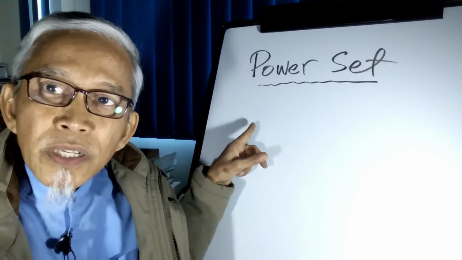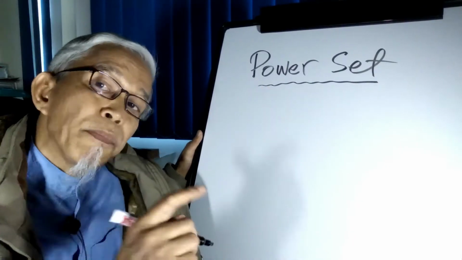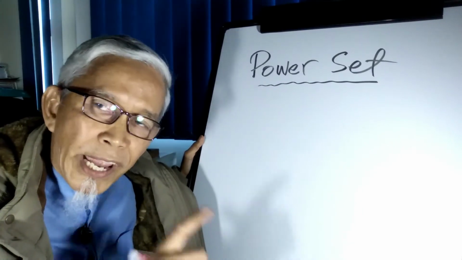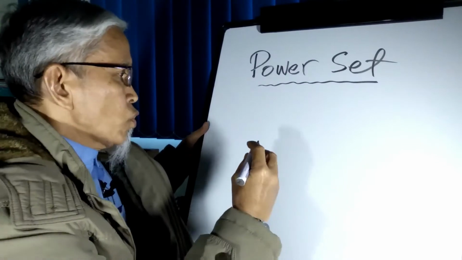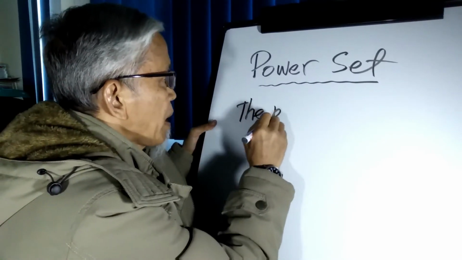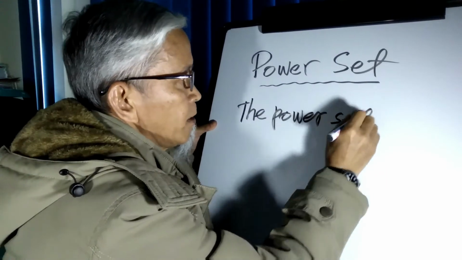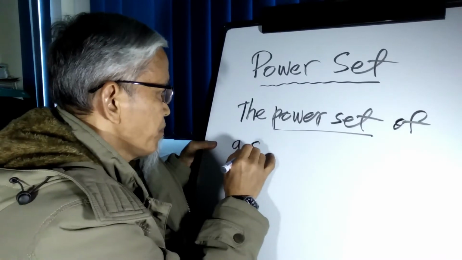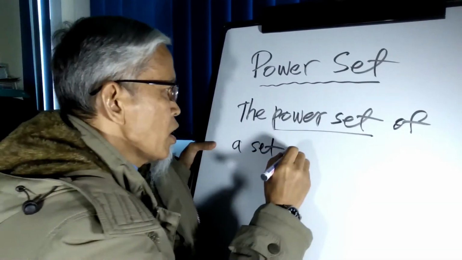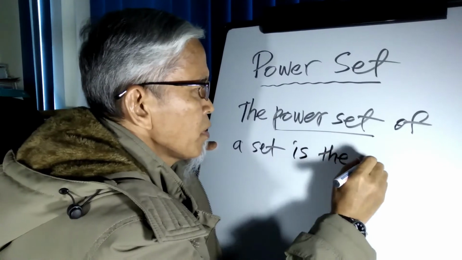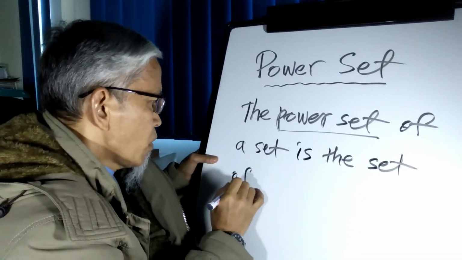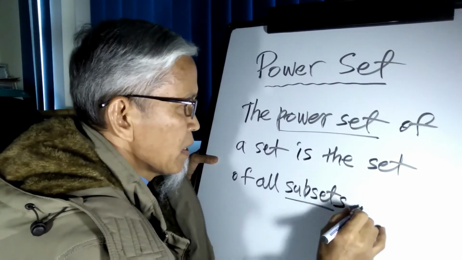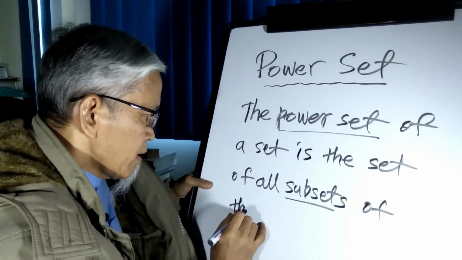Now, let's write down the definition of a power set. Because for any set we have only one power set, we write: the power set of a set is the set of all subsets of the set.